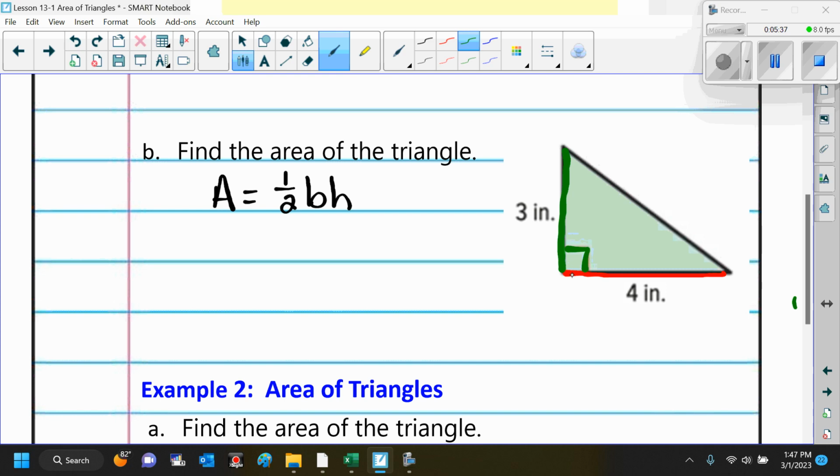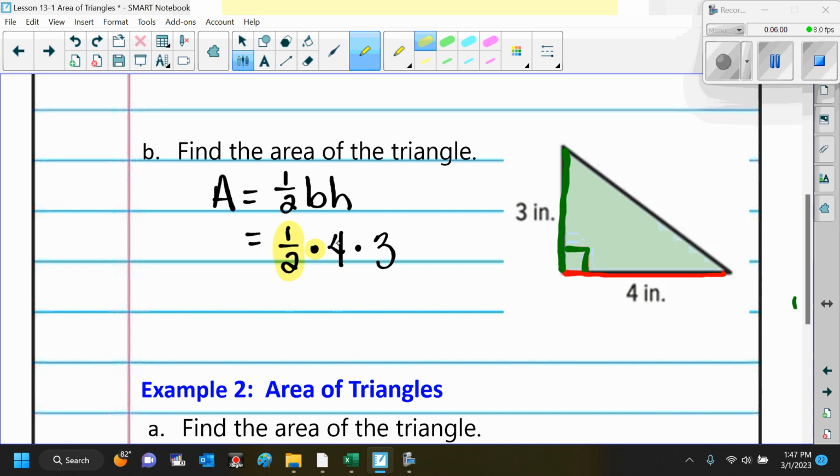Drops down to a right angle, okay? So we've got 1/2 times the base, which is 4, times the height, which is 3. So first formula, then we do our substitution. And now we're going to simplify.